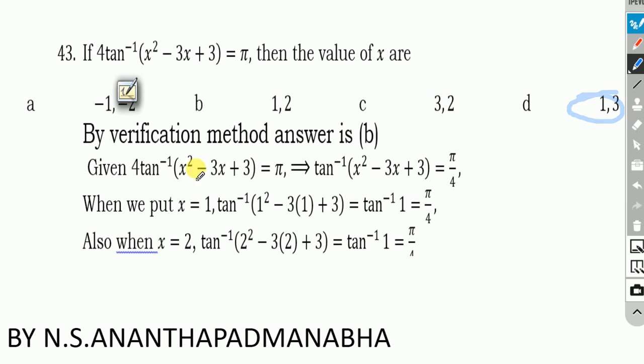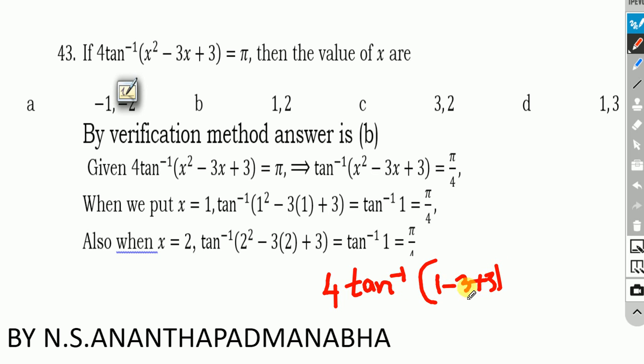So clearly here the answer is B, because when you give x is equal to 1, you will get 4 tan inverse of 1 minus 3 plus 3, that is tan inverse of 1, which is equal to 4 into pi by 4.